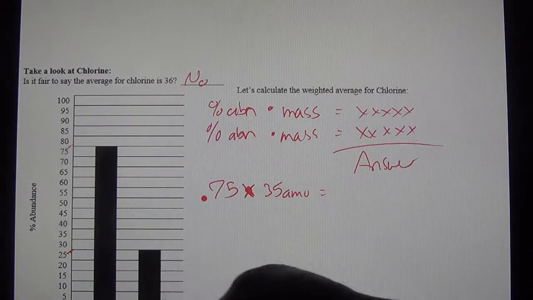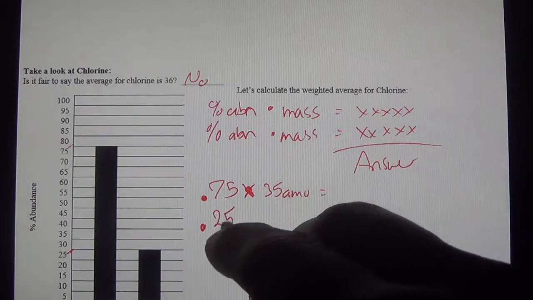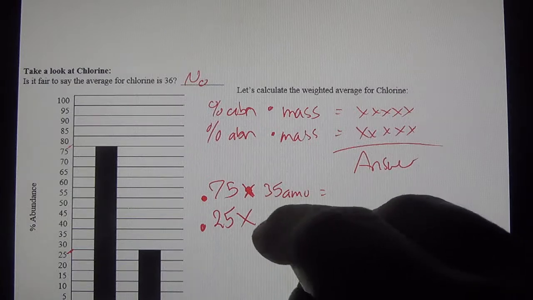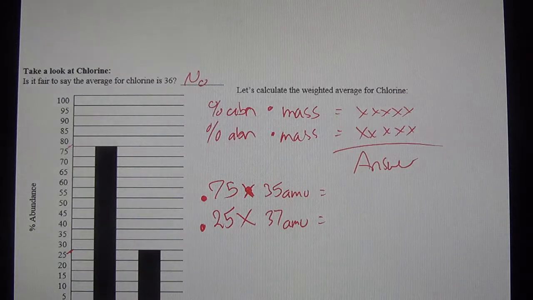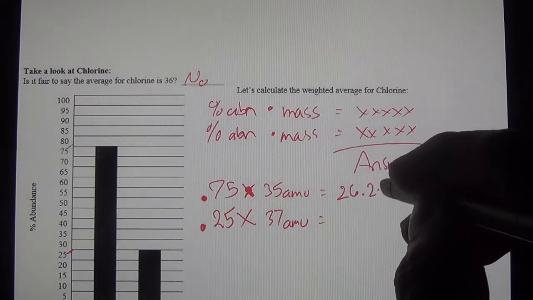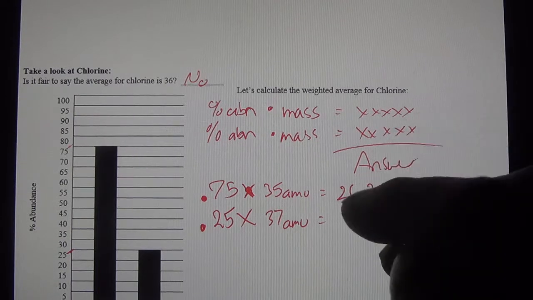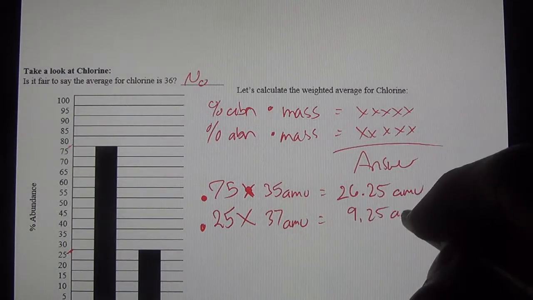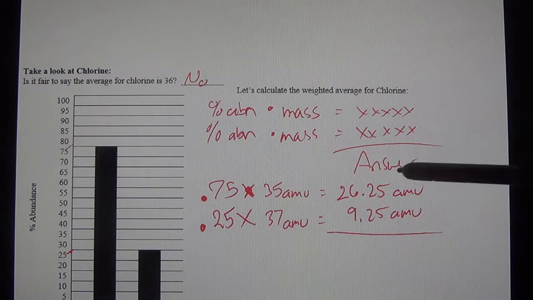The next one is 25% abundant, that's 0.25, move the decimal twice, times 37 AMUs. So in the calculator, I take 0.75 times 35, and I get 26.25 AMUs. I take 0.25 times 37, and I get 9.25 AMUs. Okay?